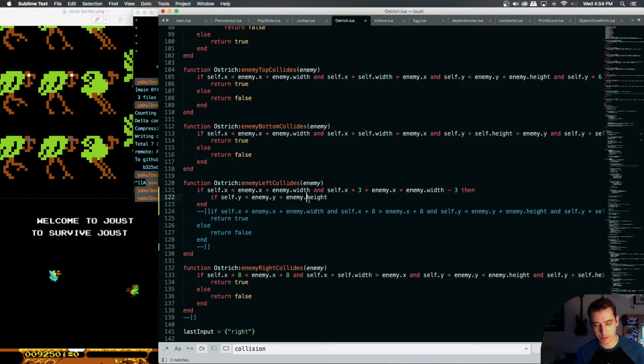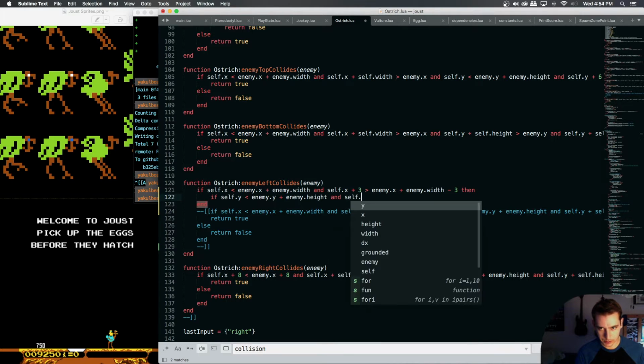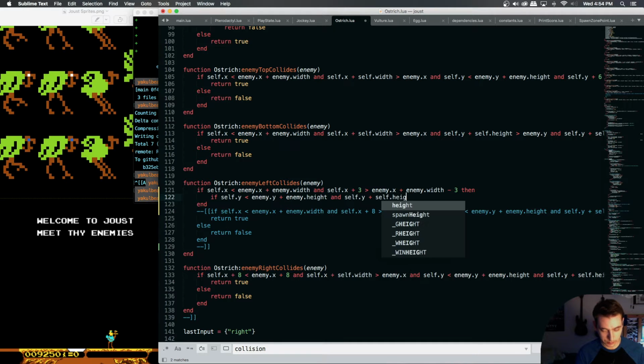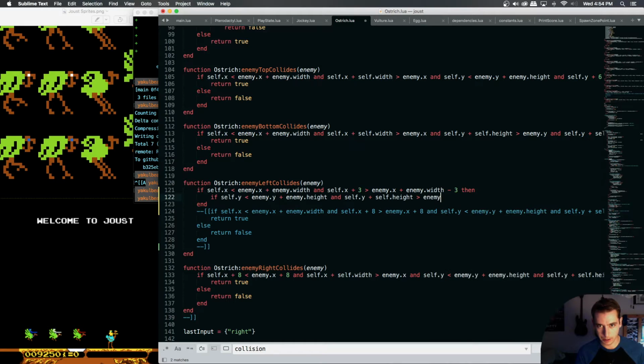Top of us needs to be smaller than the bottom of the enemy, and bottom of us, self.y plus self.height, has to be greater than the top of our enemy.